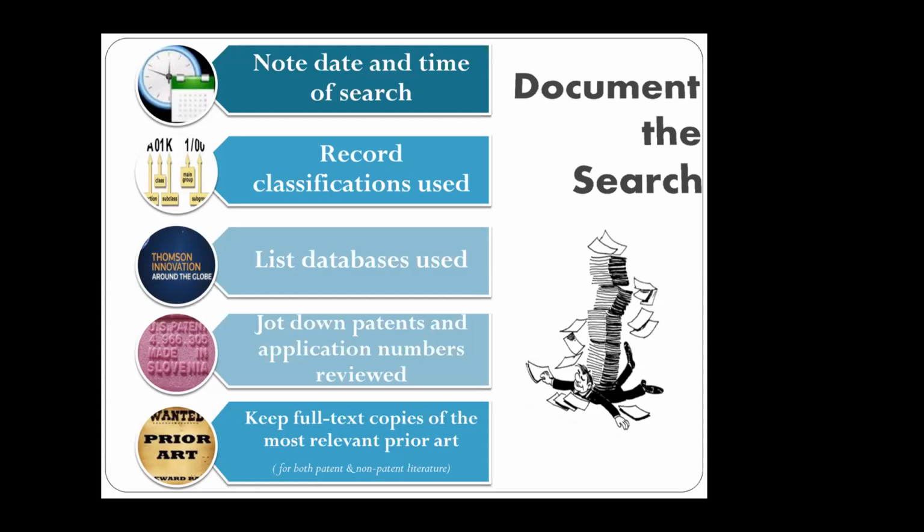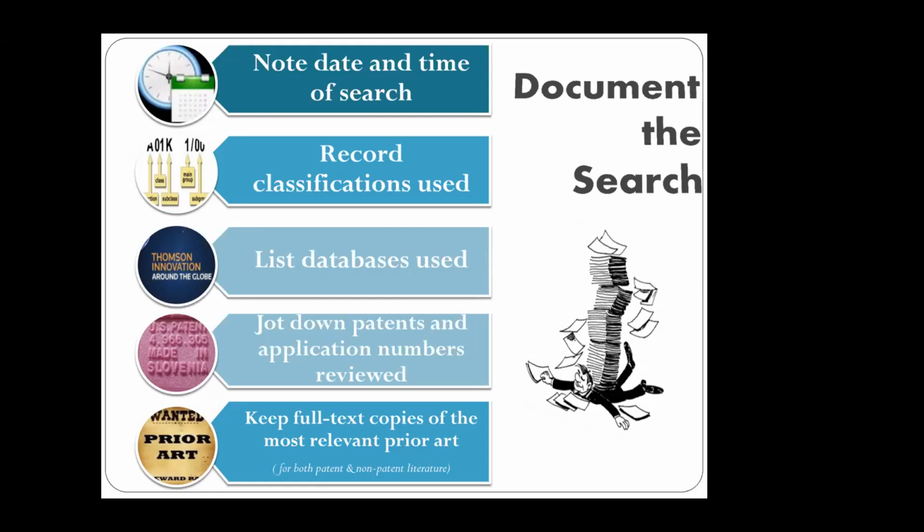Or if you have a search result of 200 hits, that may be good enough to review if your relevant document is within those 200 hits. So that's the importance of documenting the search.